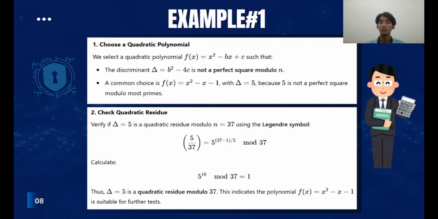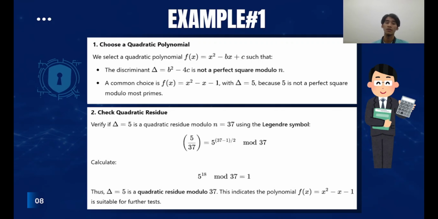Now let's take a look at example 1. Number 1, choose a quadratic polynomial. To select a quadratic polynomial, f(x) equal to x squared minus bx plus c, such that the discriminant delta equal to b squared minus 4c is not a perfect square modulo n. The common choice is f(x) equal to x squared minus x minus 1 with delta equal to 5 because 5 is not a perfect square modulo most primes. Number 2, check quadratic residue.